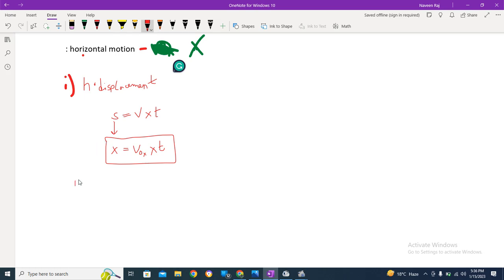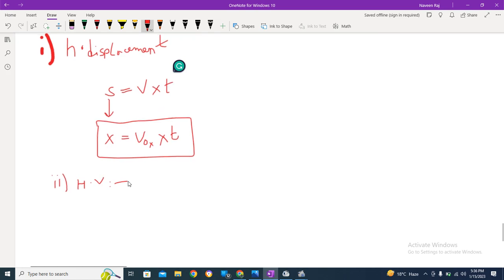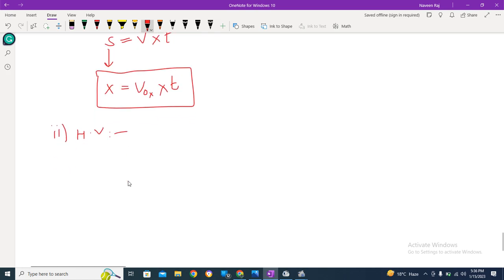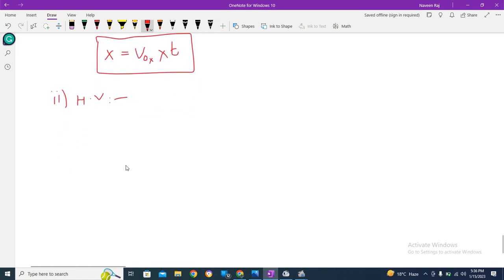Let's move to the second one, horizontal velocity. Horizontal velocity means the velocity in the x-axis, so we simply write vx, velocity in the x direction.